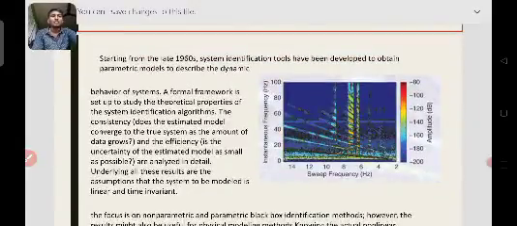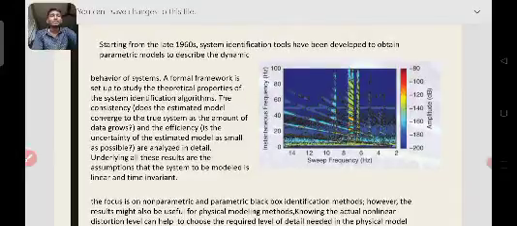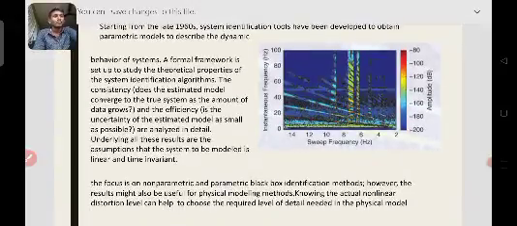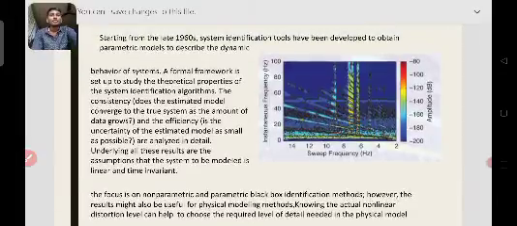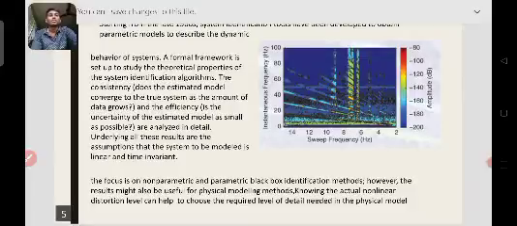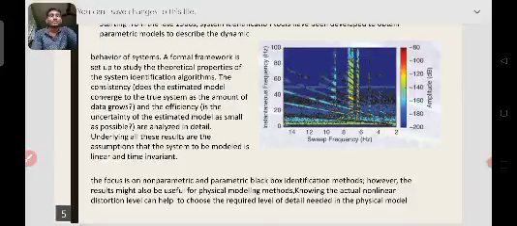So starting from the late 1960s, system identification tools have been developed to obtain parametric models to describe the dynamics. So here you can see the graph describing the sweep frequency and amplitude and instantaneous frequency dynamic behavior of the system. A formal framework is set up to study the theoretical properties of the system identification algorithms, and efficiency is analyzed in detail.